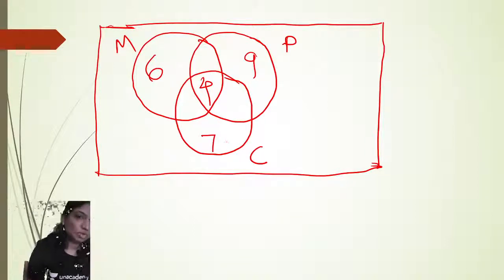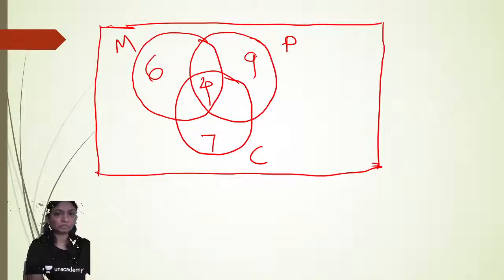Now the total number of students who study maths and physics is here 12. So out of that 4 are already counted. So here are 8, right? The number of students who study maths and chemistry is 9. Out of that 4 are already counted.